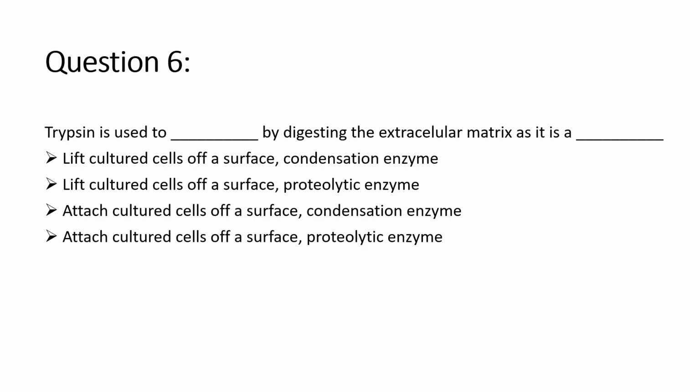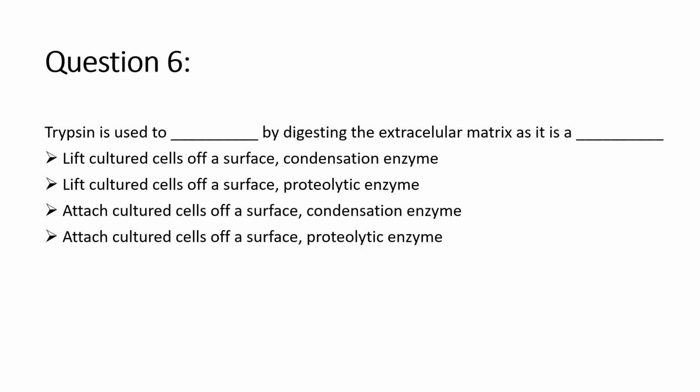So we use trypsin to detach the cells growing on the surface of our culture plate, and then we obtain a single cell suspension, which is used, say, if we are performing a passaging of the cells. We use the enzyme trypsin to detach the adherent cells growing on the surface, bring them into a single cell suspension, and then we passage them.